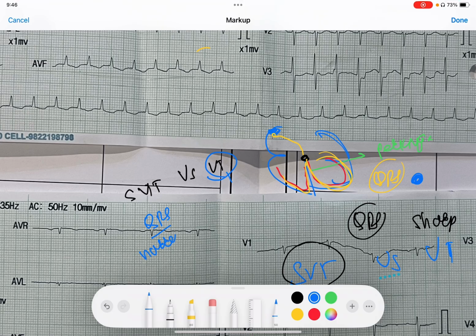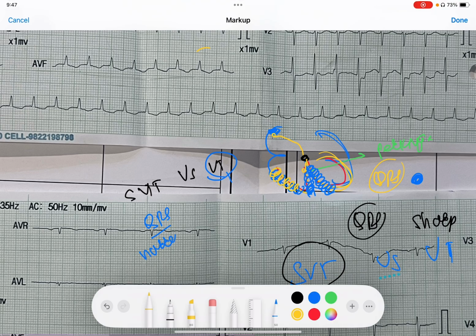Ventricular tachycardia mostly occurs in elderly patients, or those who have had a heart attack, myocardial infarction, or reduced ejection fraction, where the muscles remain damaged. Because in myocardial infarction, the LAD, RCA or LCX territories, these arteries, get damaged. So the myocardium gets damaged.